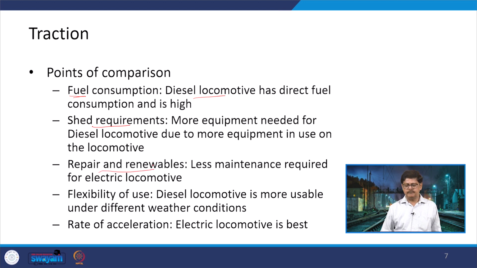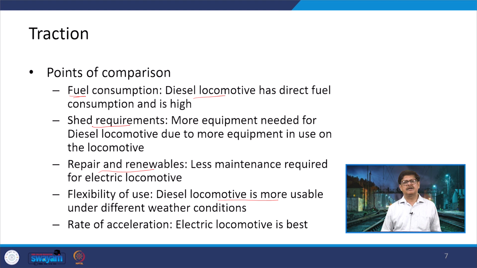Repair and renewables are to be looked at here. So, there is less maintenance required on electric locomotives, again the reason being the type or the number of equipment which has been boarded on the locomotive itself is less. So, from there it comes out to be a lesser maintenance requirement. The flexibility of use: the diesel locomotive has been found to be more flexible under varied weather conditions.